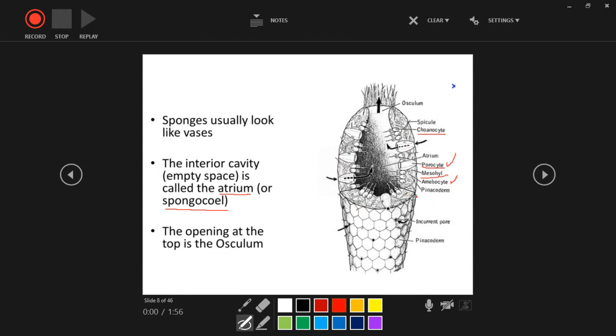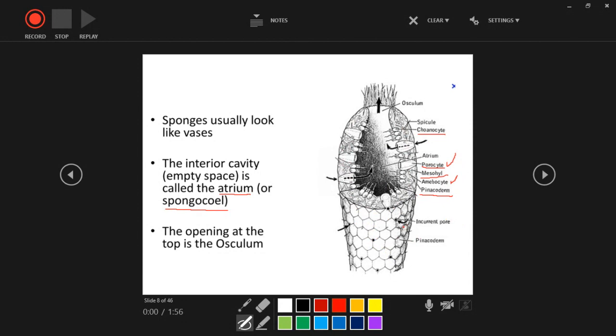They have a special lining of cells, which are flattened, and they're called pinacoderm or pinacocytes. So here you see it's flattened, and the special cells, which are the porocytes, are embedded throughout the exterior. And these are the different kinds of cells or structures that we are looking at.